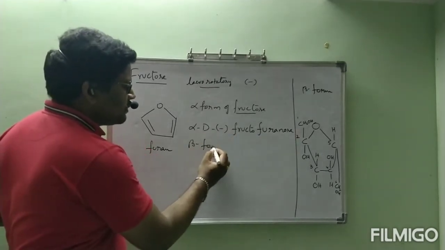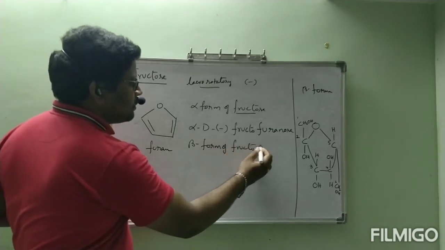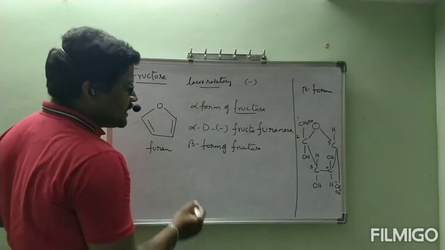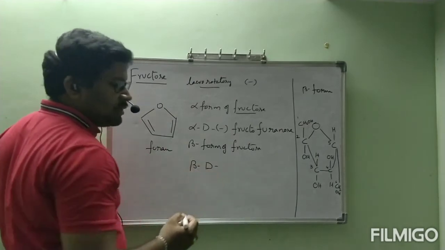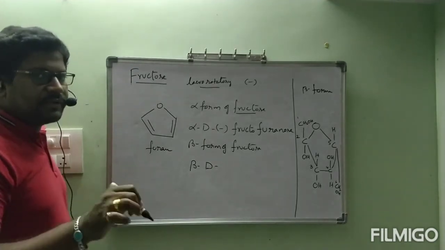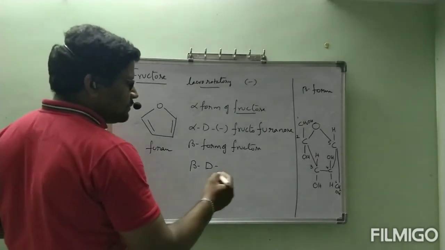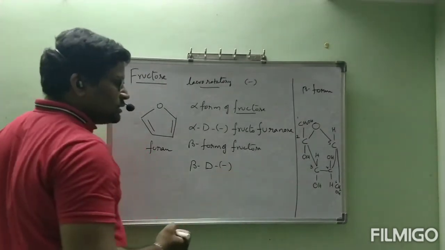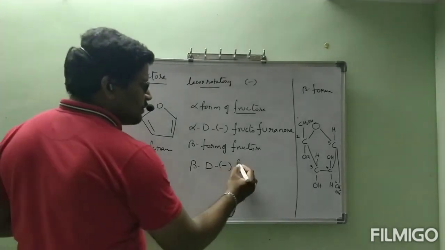Beta form of fructose is named as beta capital D. Whatever it is, they are relative to glyceraldehyde as capital D only in our study of carbohydrate molecules. Even this beta form is levorotatory only.